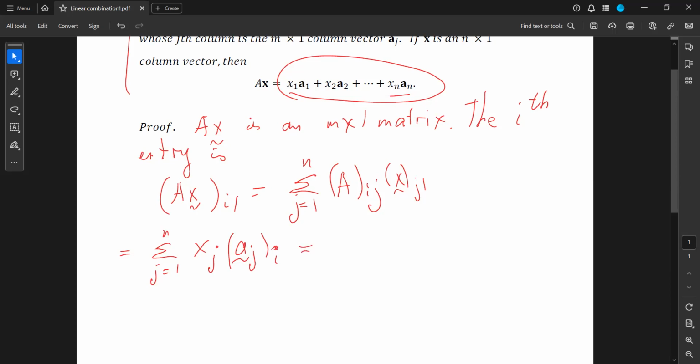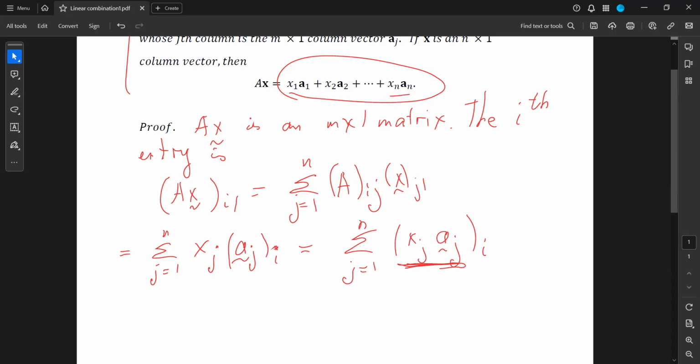If I think about that i-th entry of this vector here, we're taking vector Aj and multiplying by the number xj.